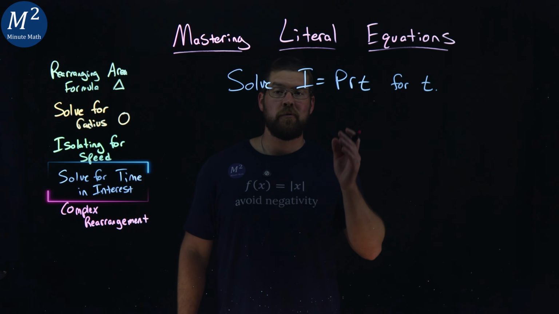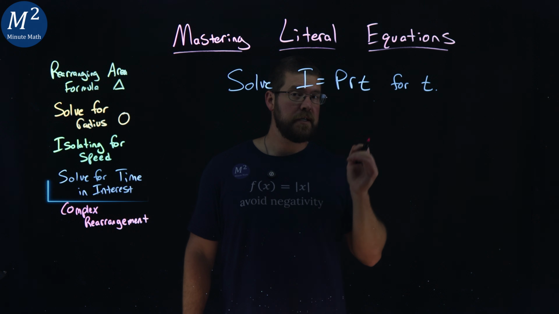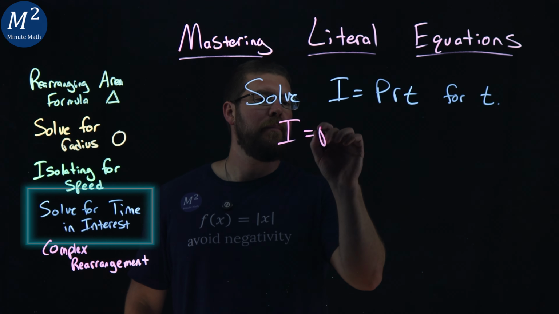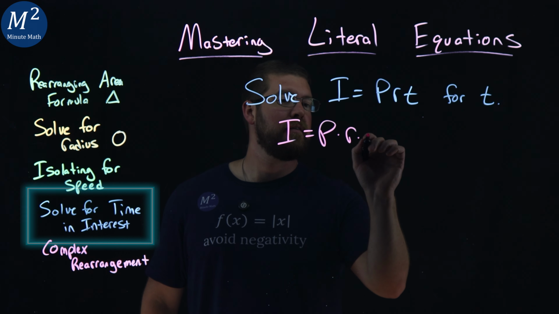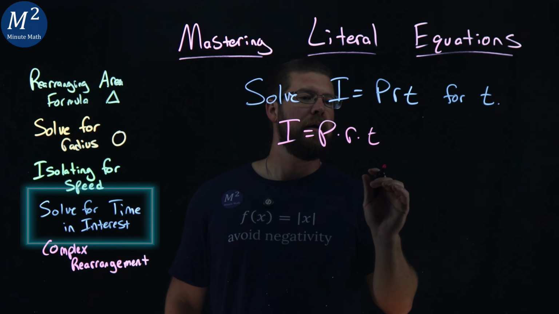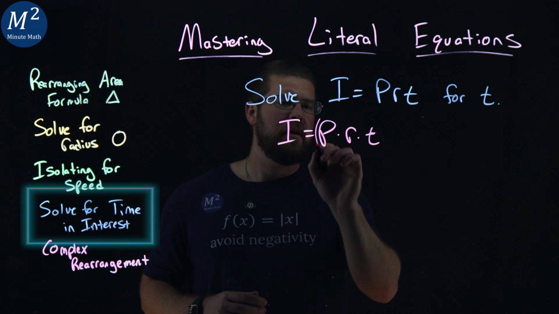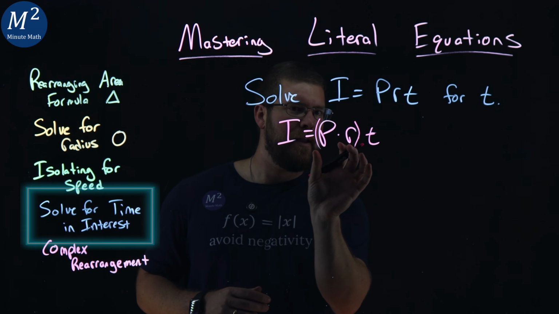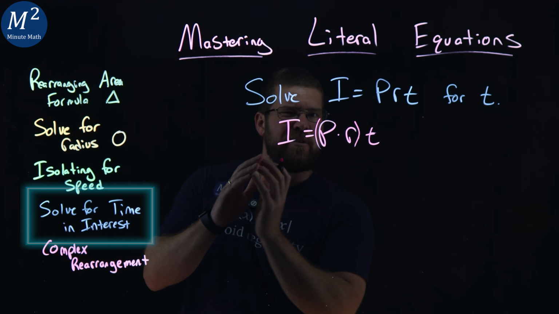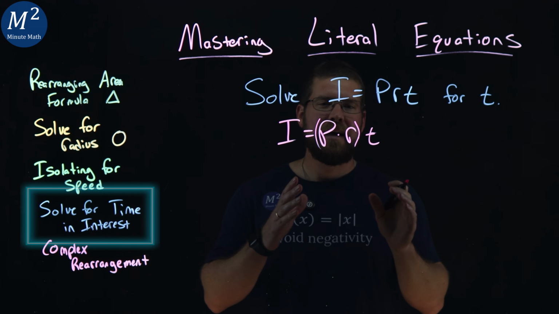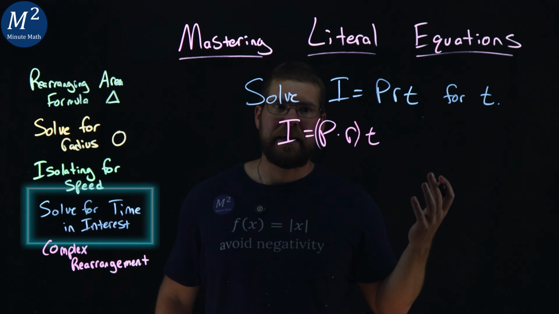Solve I equals PRT for T. Let's rewrite our equation here. I equals P times R times T. That's what's going on here. All right, we're going to solve for T. Now, we can almost group this P and R together, right? And that will help us bring it over in one fell swoop to the left. Now, you can do that individually for each one if you want, but I like to do it all together here if it's all multiplication.